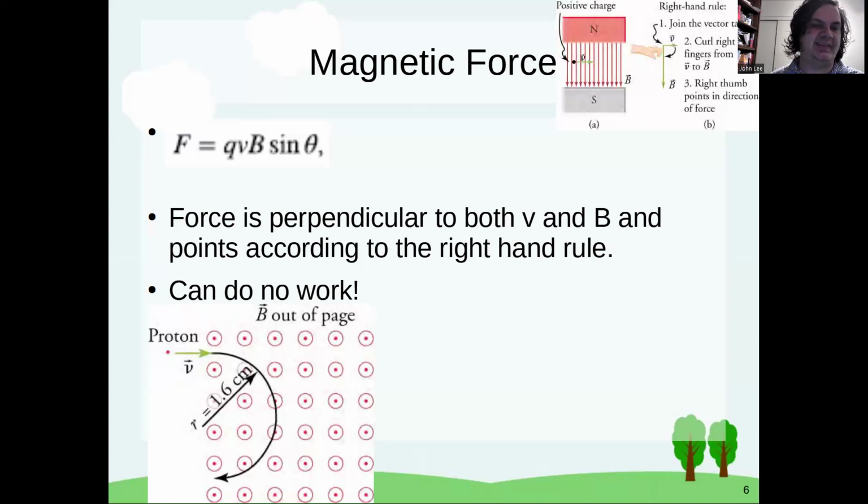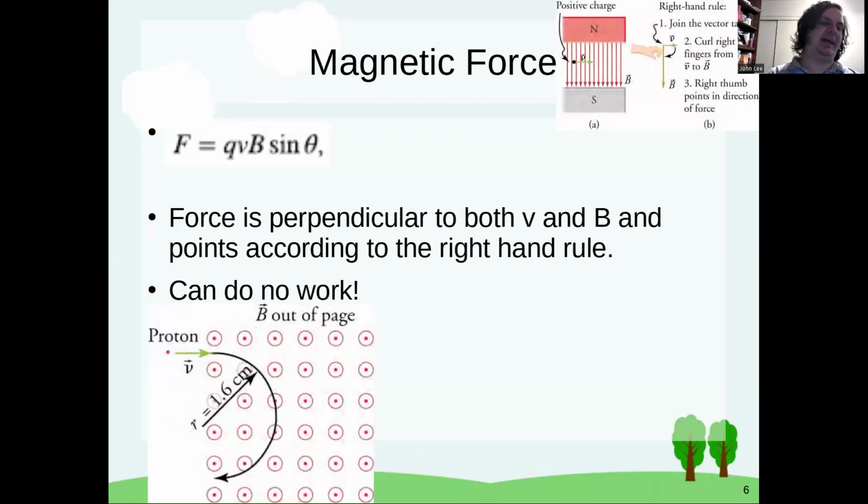For one thing, that means there's no work, because if velocity is perpendicular to the force, as I was saying about magnetic force, then there's no overlap between the direction the force points and the direction the velocity points.